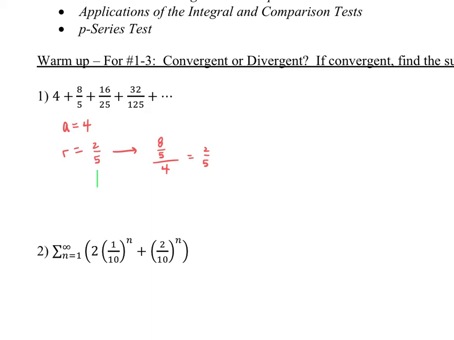So our r value is 2/5, and remember the absolute value of r must be less than 1 for the geometric series to converge, and this obviously is.